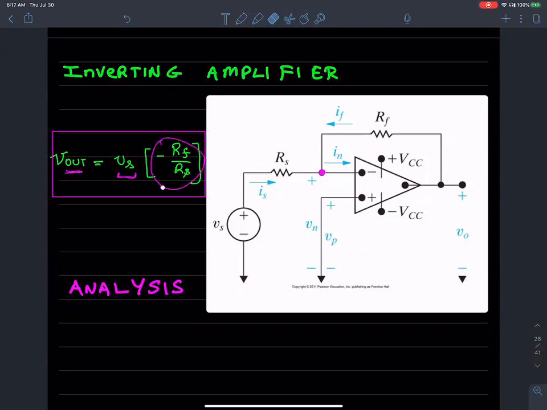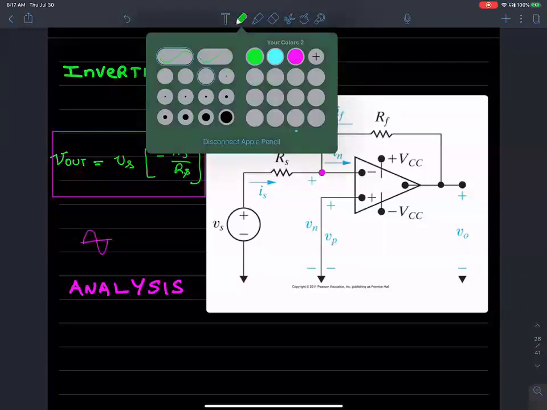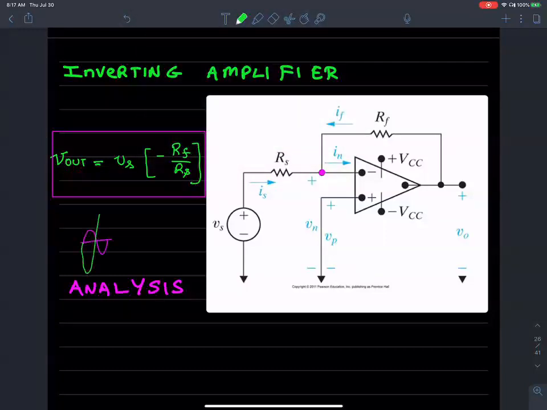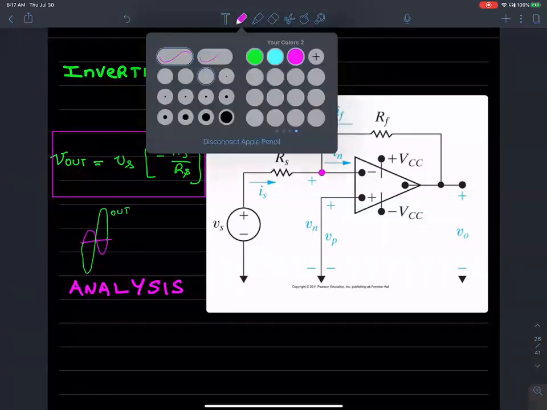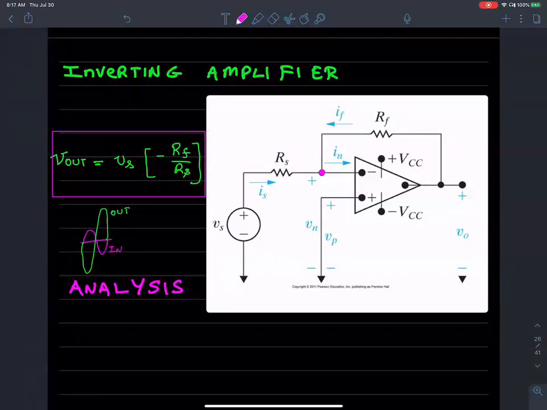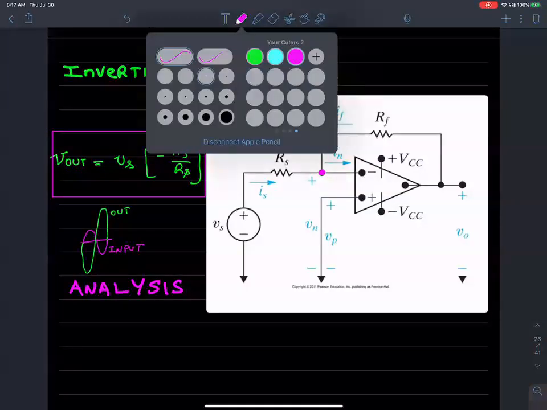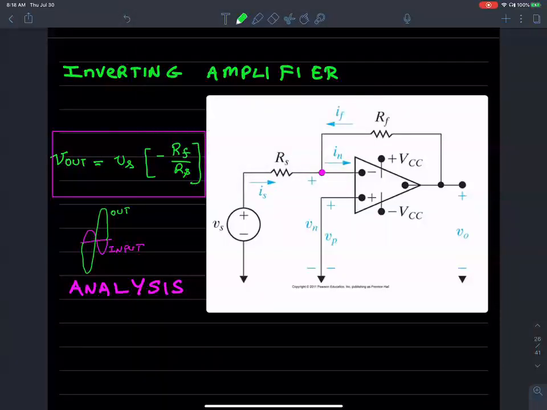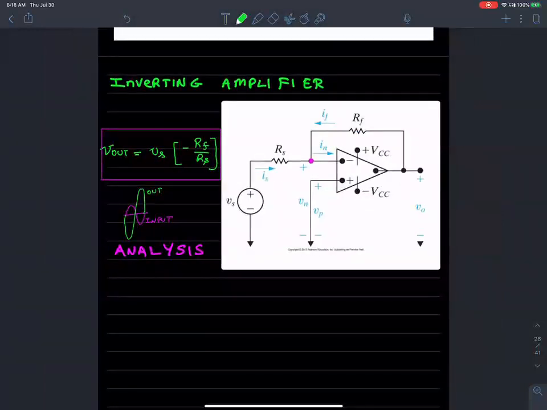If the input is this, the output is going to be like so, an amplified and inverted version of the input. So that's the idea. Let's do the analysis to arrive at how we see this V output, V input relationship.